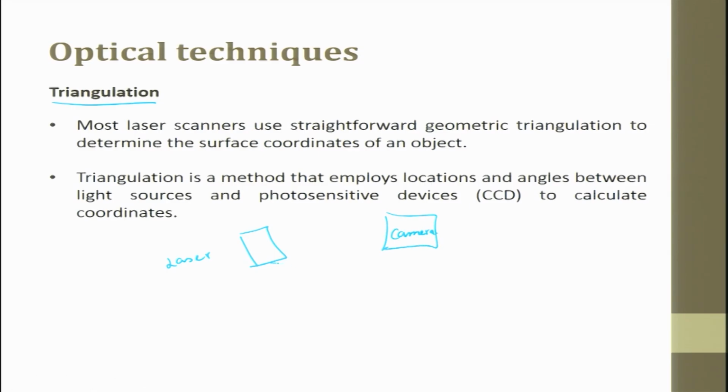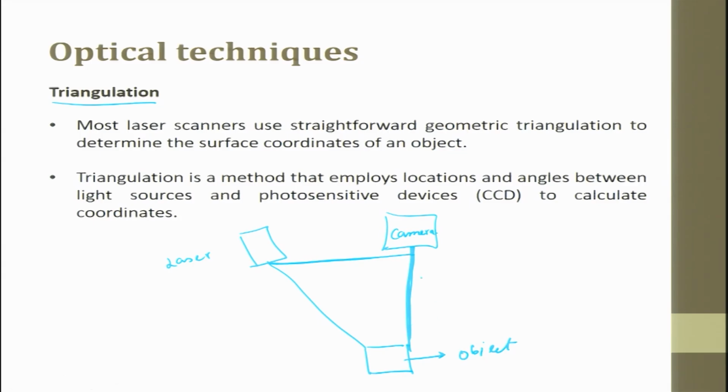These two have a constant distance, and then you are trying to watch an object. This is a straight line. This is a straight line.